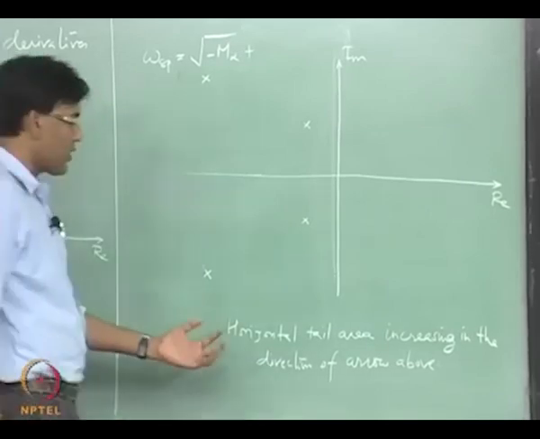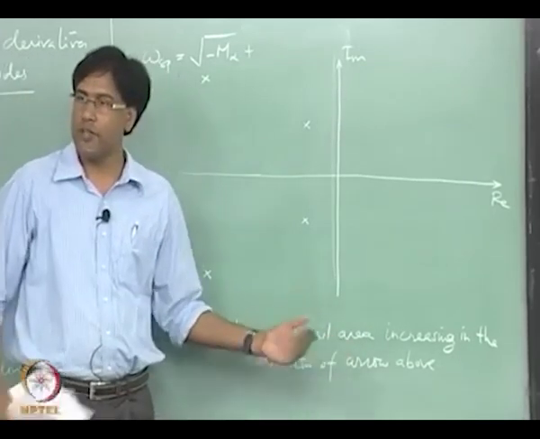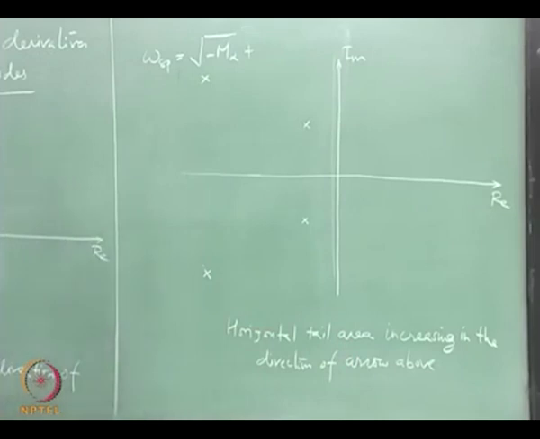What is tail area going to do? If you increase the tail area, it appears somewhere in the expression for Cm alpha. Remember, when we added the tail, we increased Cm alpha. So, this horizontal tail is also known as the stabilizer, right.